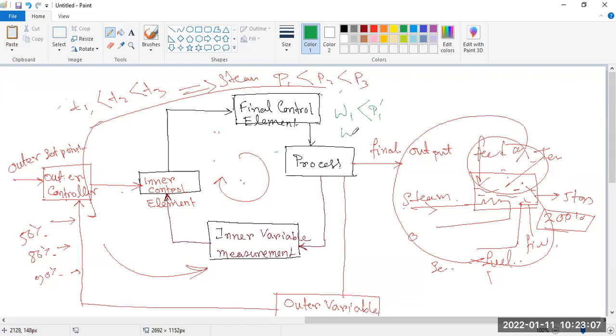If feed water is W2, then steam production will also be P2. If W1, then W2, then W3, then the temperature also varies. So we have to maintain simultaneously the feed water temperature and the fuel ratio, the input temperature and the output temperature.